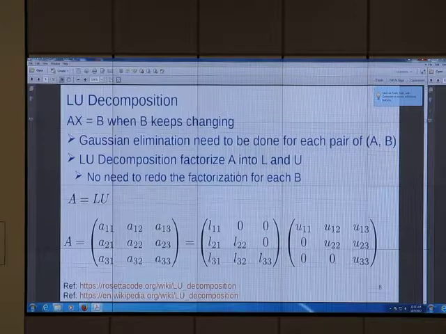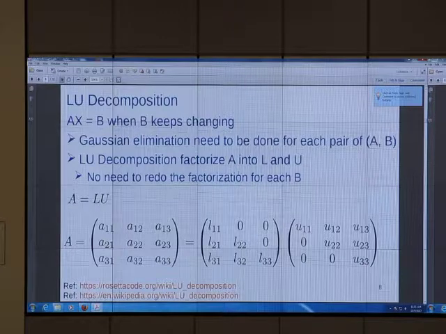Previously we talked about LU decomposition. We already talked about Gaussian elimination. Do you understand Gaussian elimination? Yes? Okay. Have you ever tried Gaussian elimination before? Yahweh? You should. What language? C++?